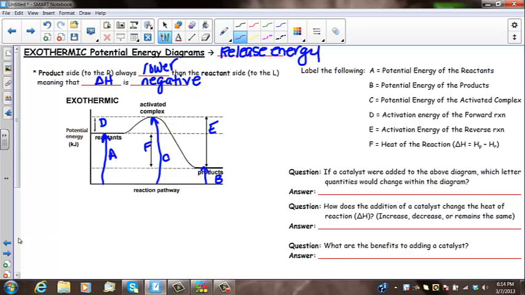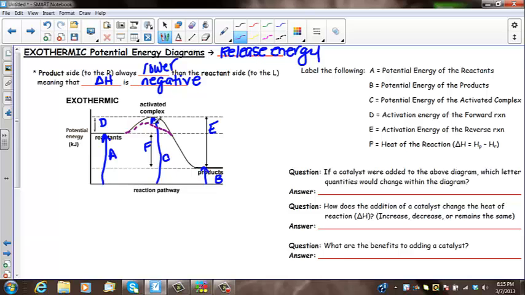Okay, so let's answer a couple of questions. If a catalyst were added to the above diagram, which letter or quantities would change within the diagram? Well, remember, if I add a catalyst, it's going to do this. Doesn't interfere with the reactant line or the product line.